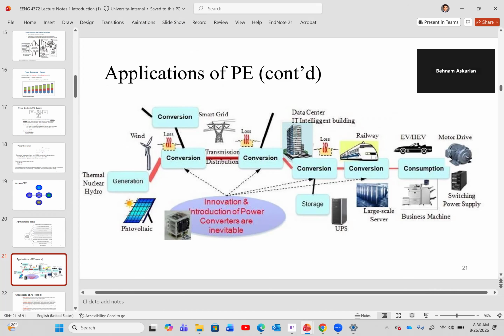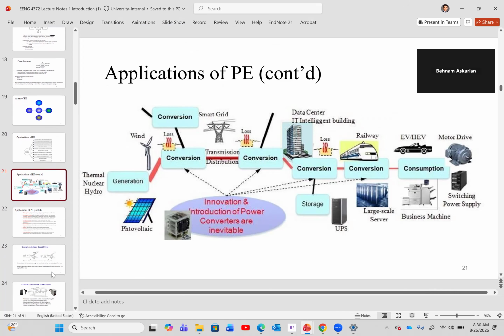Everything in between now has a power electronic component. We can maximize the efficiency in the consumption, and we can also do that in production if we have a solar panel. Solar panel is technically a power electronic too because it's a diode solar panel.